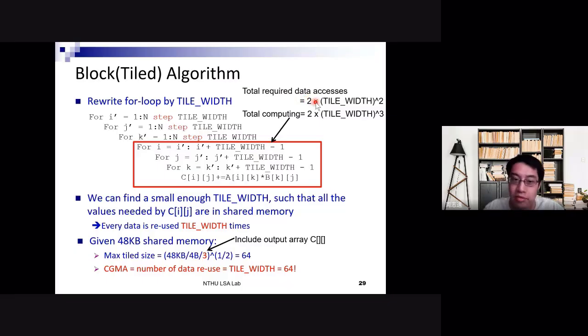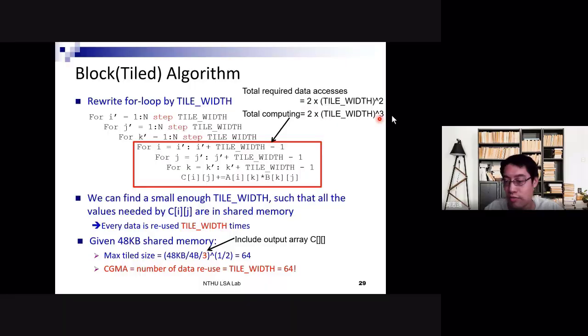Okay. And for the computation, every thread needs to compute an addition and a multiplication, as we said before. So that's 2, right? And globally, you have to perform this across iterations I, J, and K, and each of them has an iterator with size of tile width.